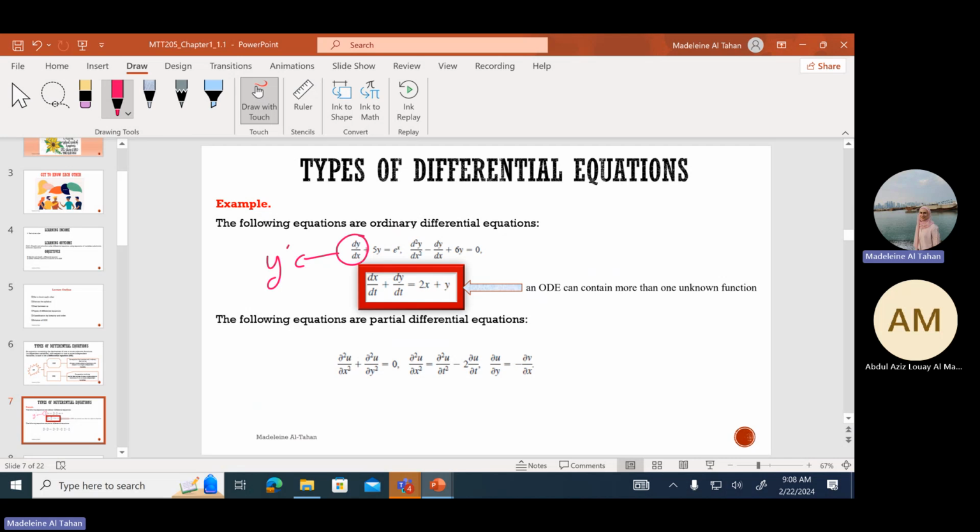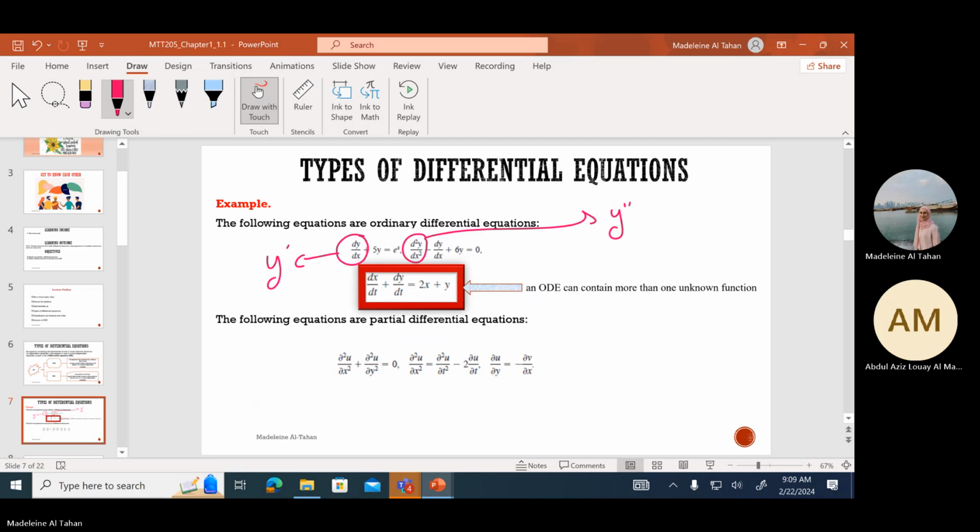When we say d squared y by dx squared, what does it mean? We will use both notations on the board, in order to be familiar with them. Now this one: we have x, the independent variable, y is a function in x, and y prime plus 5y equals e^x. Our aim is to find y in terms of x, and it contains derivatives. So is it an ordinary differential equation or not?